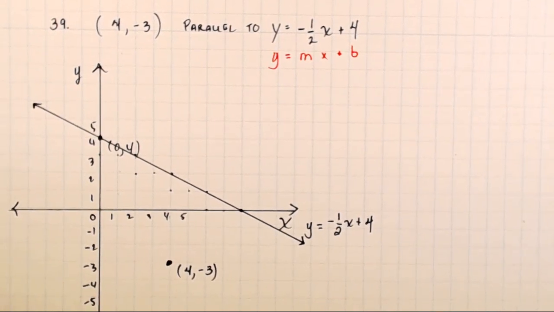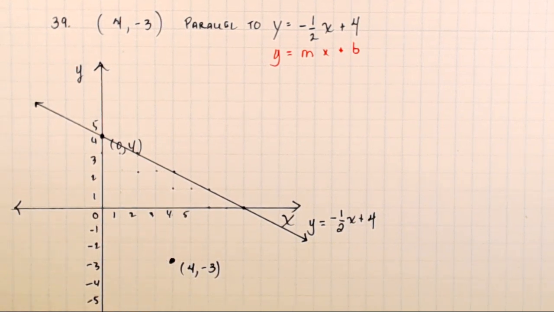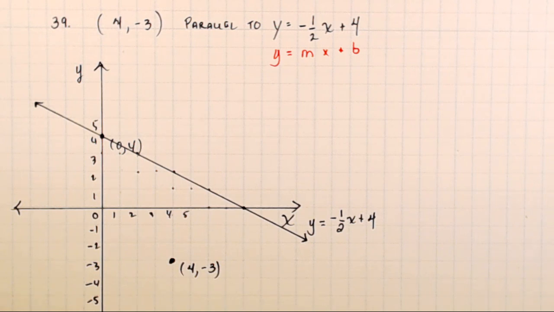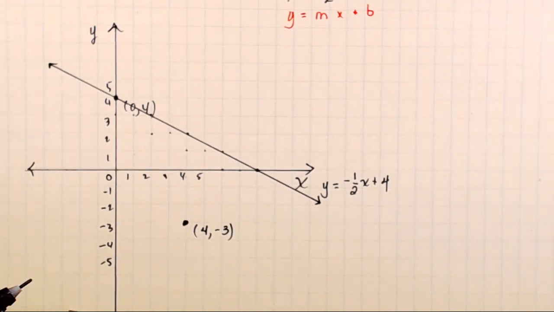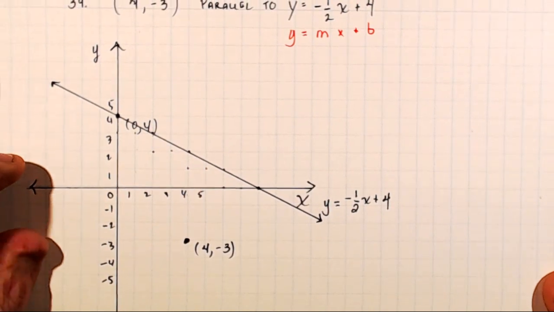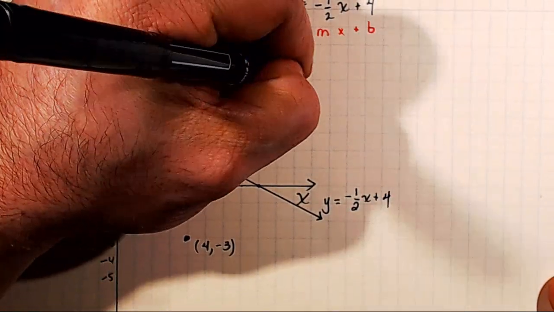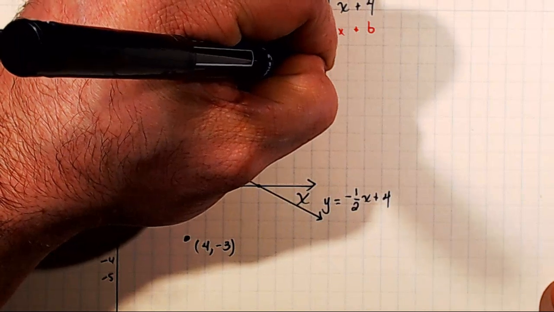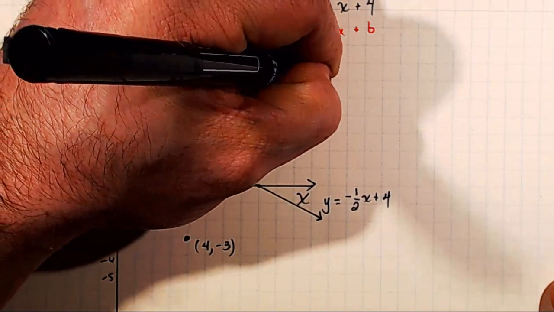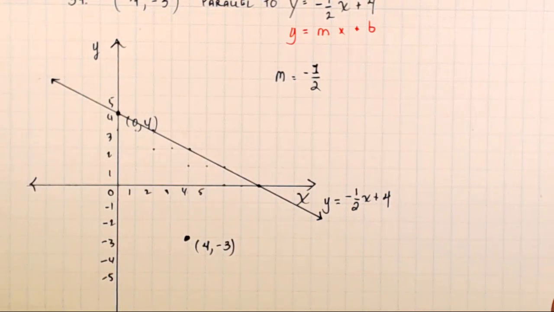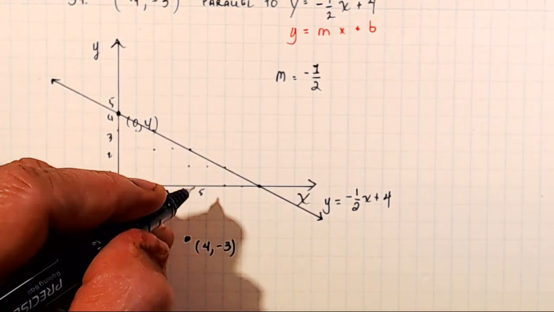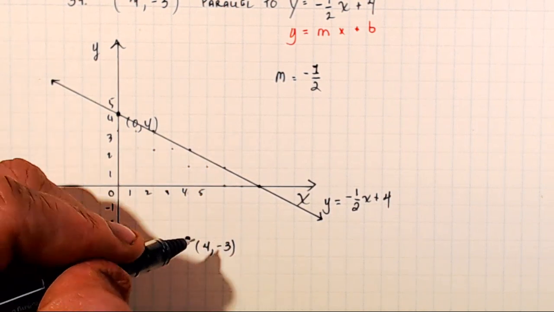Now we have to remember that the line that passes through this point is going to have identical slope to this line here. So we can actually build our line using the slope. Okay, so the slope m equals negative 1/2. So remember, I can actually build my line from this point.